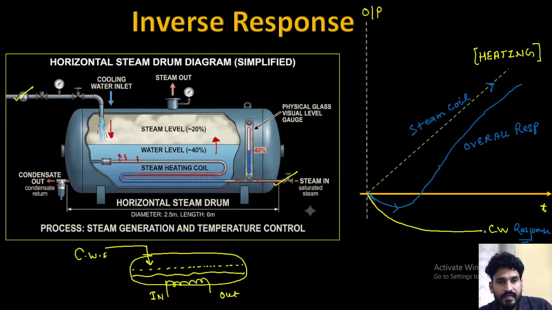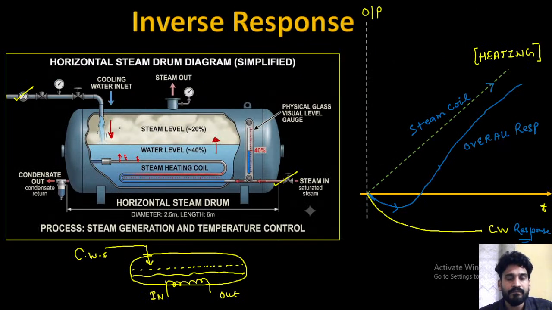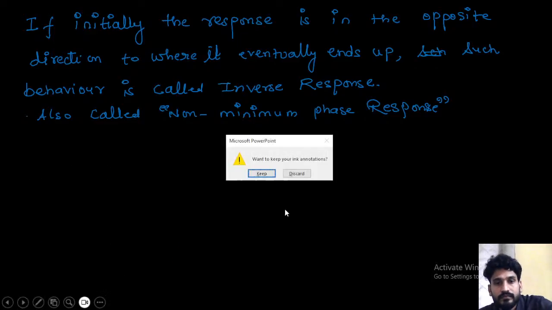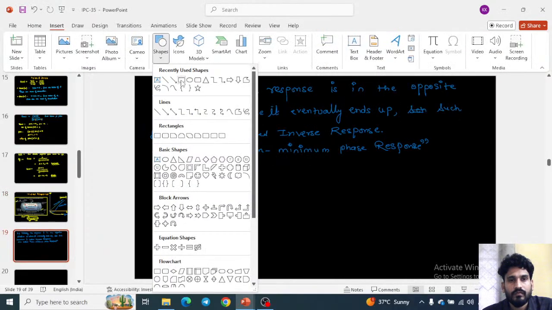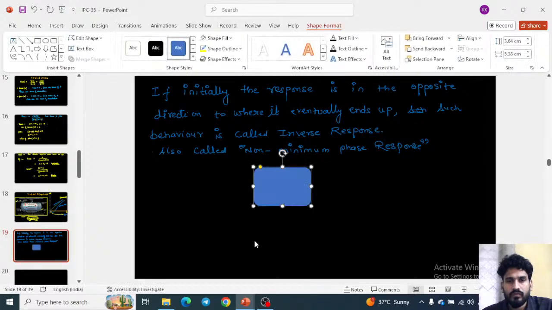Let's suppose this cooling water is purely capacitive, meaning there is no resistance at all in this cooling water inlet. It is continuously coming into the system. So I can say I have two processes.